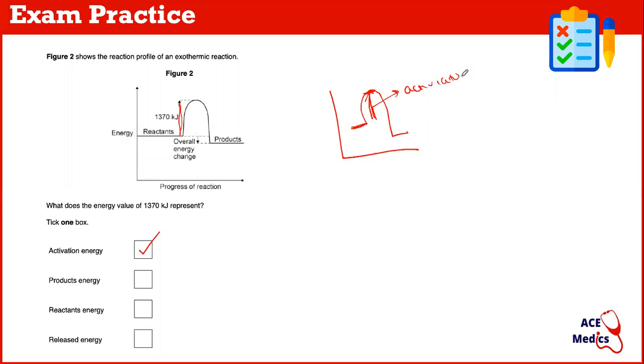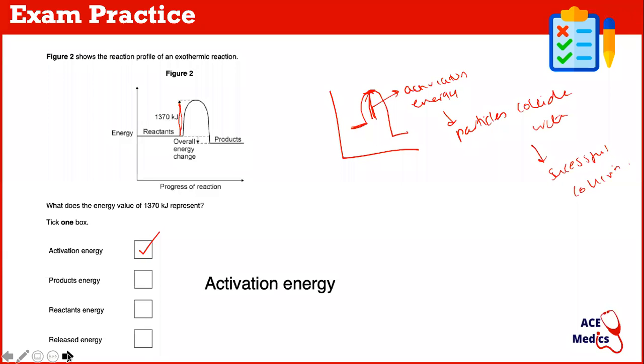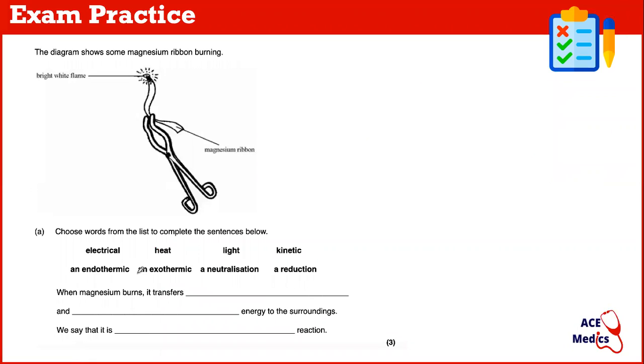That's what it's representing, because remember, activation energy is the amount of energy the particles need to collide with to make sure that there is a successful collision. Okay, so it is activation energy. So it would be a good idea to memorize the different parts of the enthalpy diagram, because you will get quite a few questions on it. So yeah, activation energy.